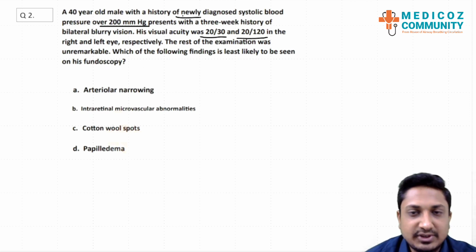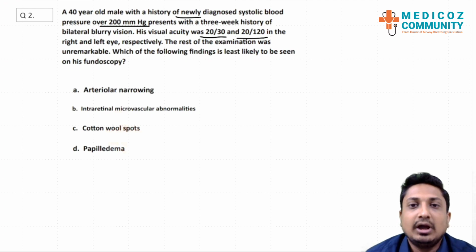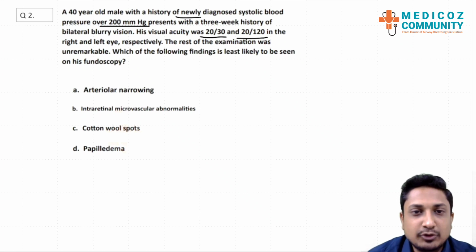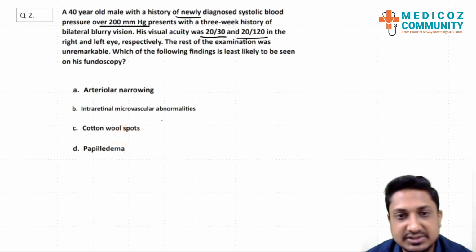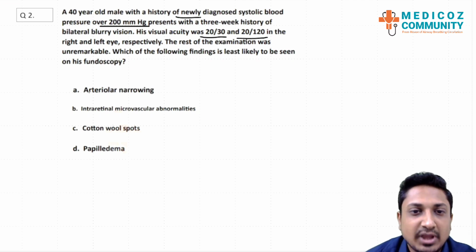Now, as we have seen the question, what we have read is all the features of a hypertensive patient. Also his eye is affected, which means hypertensive retinopathy is setting in. So what we have to look for in the options is which of the following are features of hypertensive retinopathy and which is not. A is arteriolar narrowing.